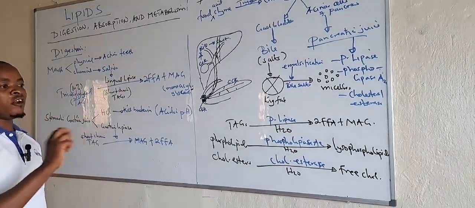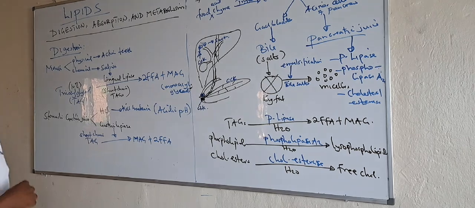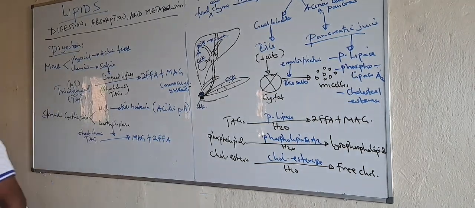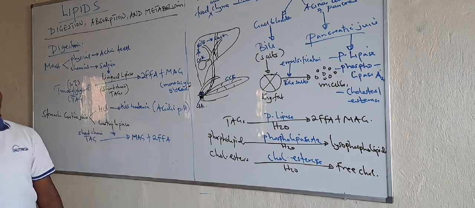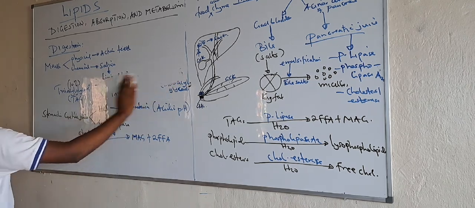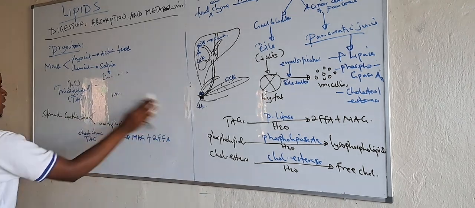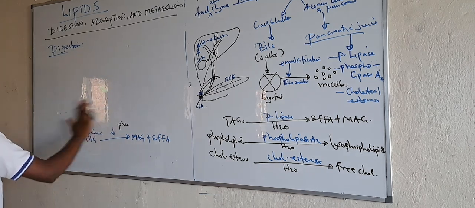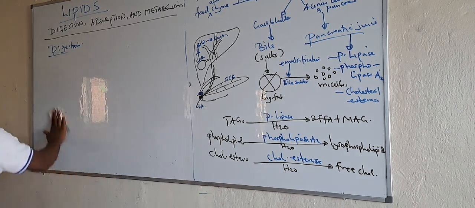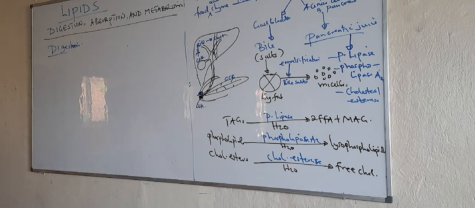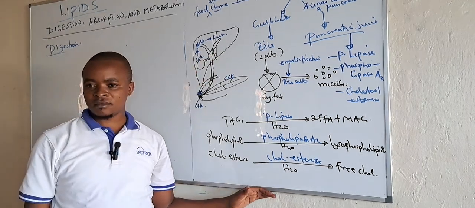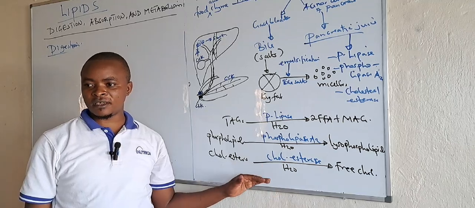So from the duodenum, we know another part of the small intestine. Now we move to the ileum, whereby in the ileum we see only absorption. So digestion of fats stops here.